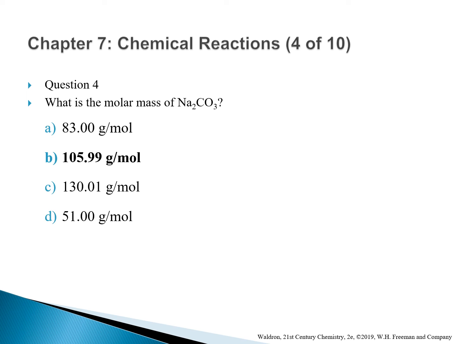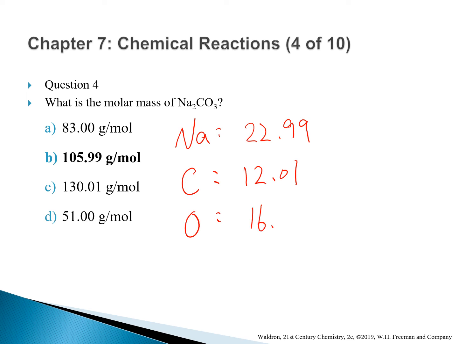You first find the molar mass of sodium from the periodic table. It is 22.99. Then carbon from the periodic table is 12.01. Oxygen, it is 16.00. From the chemical formula, there are 2 sodiums.